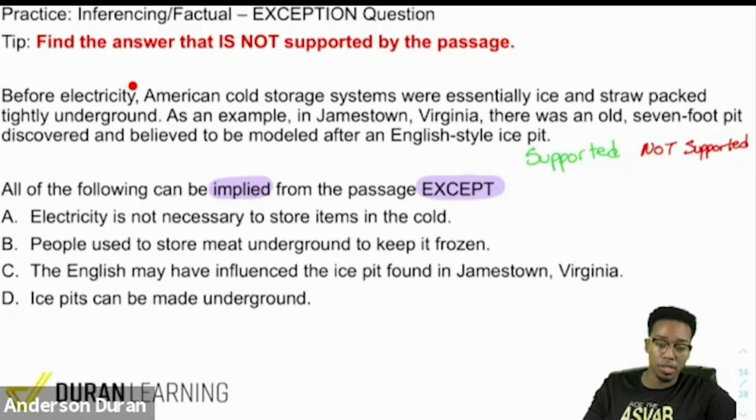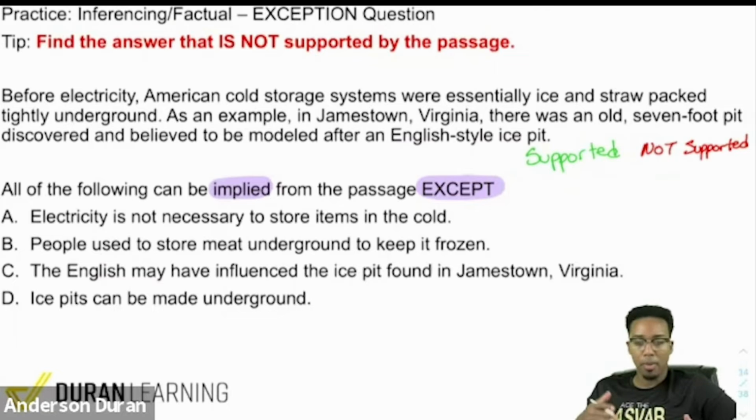Before electricity, American cold storage systems were essentially ice and straw packed tightly underground. As an example, in Jamestown, Virginia, there was an old 7-foot pit discovered and believed to be modeled after an English-style ice pit. So, all right, looks like we're talking about how we used to keep things cold before electricity.